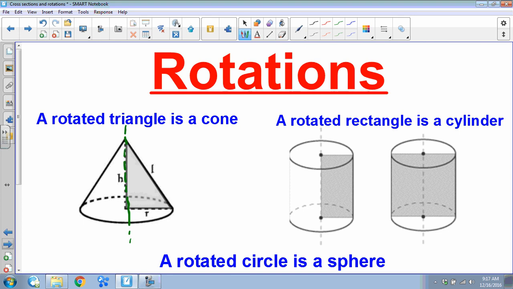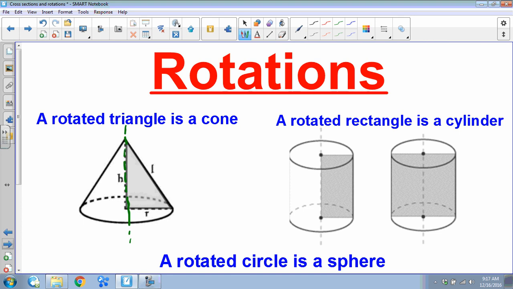In other words, if I rotate it around the center, the radius of the cylinder is from the center to the edge, right? So this is an 8 by 11 sheet of paper. If I rotated this around the center, my radius would be 4. But if I rotated around the edge, my radius is what? 8.